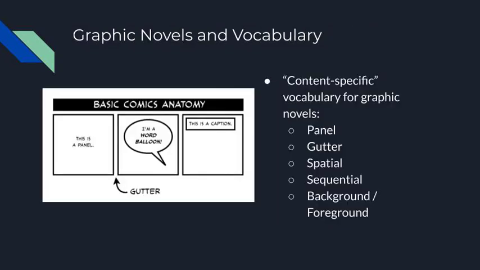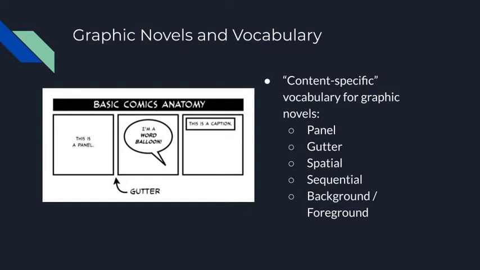Another idea that Kane mentions in this chapter is content-specific vocabulary. And of course, with graphic novels, a specific art form, there is plenty of that to be discussed with the class. Here we have a diagram of a comic or a graphic novel. And as you can see, the panel, gutter, spatial, sequential are all words that are used to describe certain aspects of the art form.